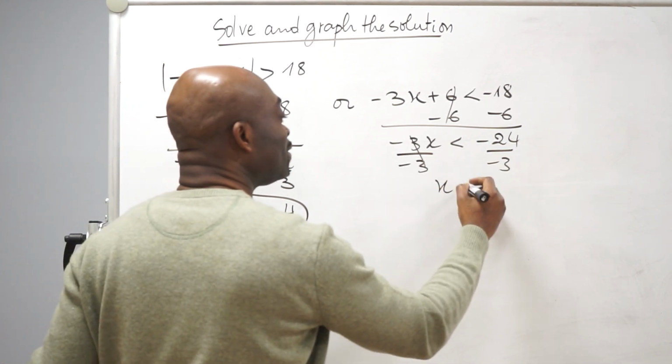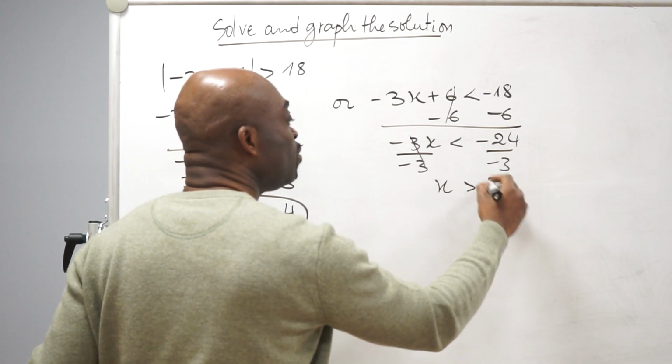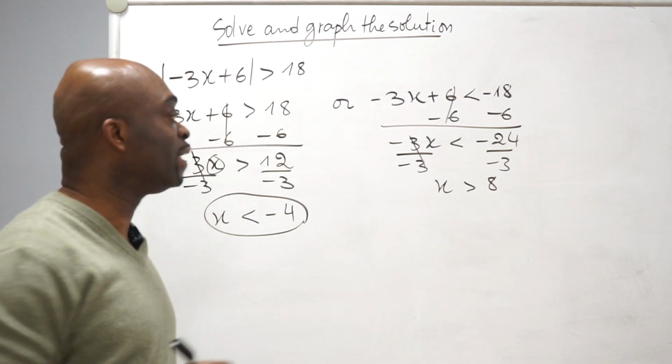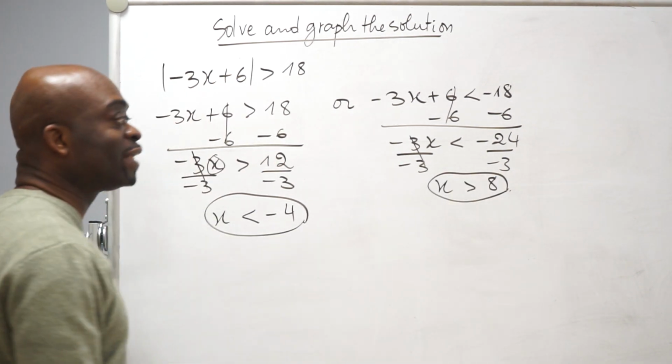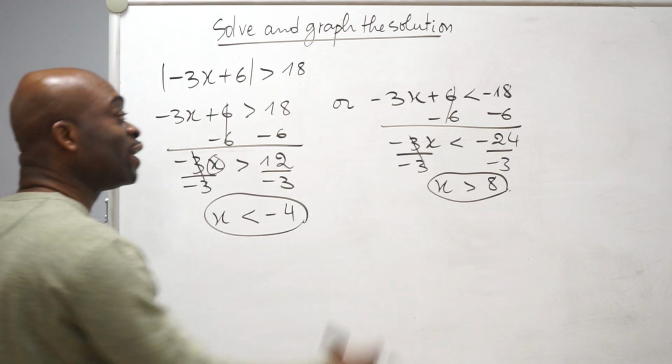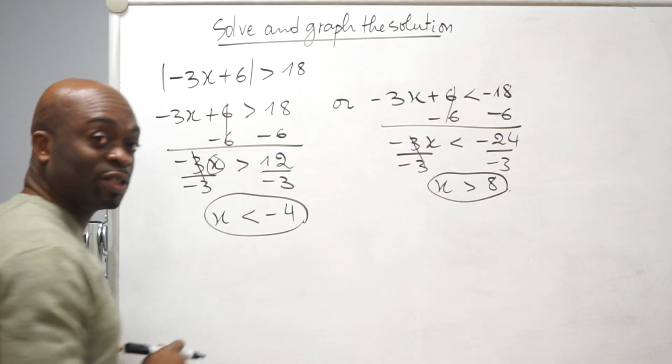So again, the symbol has to change to the opposite. So this one is positive what? 8. Okay? So this one is x greater than 8. All right? So again, if this were a positive 3x, this sign would never change.